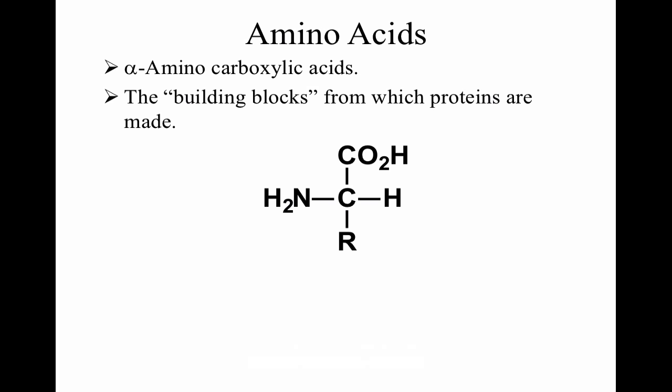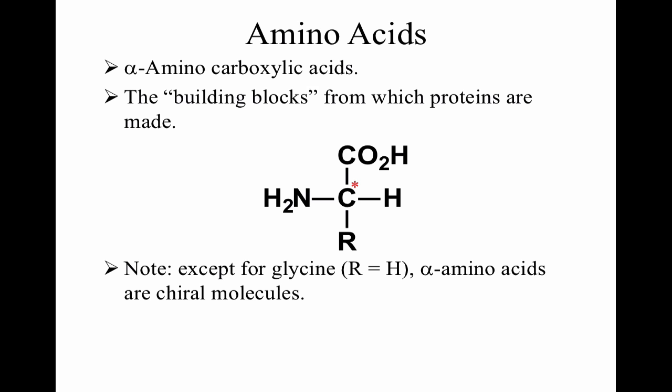These are the building blocks, or as our friends in polymer science call them, the monomers, right, that we actually can use to build up these biopolymers that we call proteins and peptides, okay? All of them are chiral molecules with the exception of glycine because R is a hydrogen for glycine. So glycine is a very versatile amino acid because there's no stereochemical issues with it. It has no chirality.